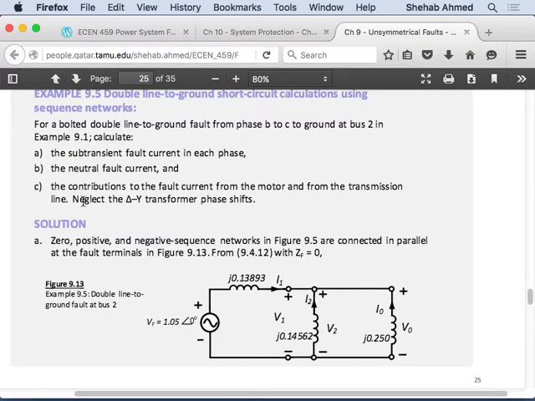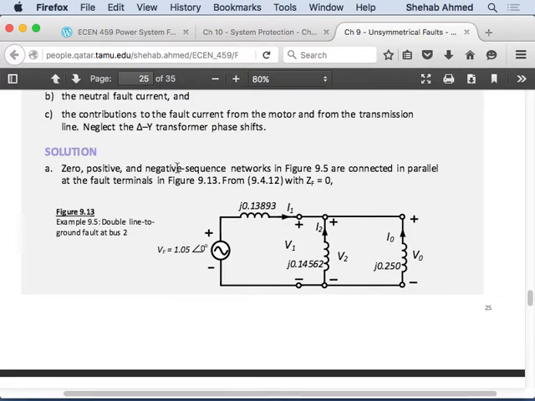And then the trick here is the contribution to the fault current from the motor. This is the pretty tricky part, because now you have to work your way backwards. Here they tell you what are the contributions to the fault current from the motor and from the transmission line. It is not clear from here.